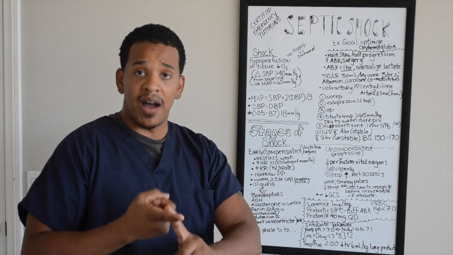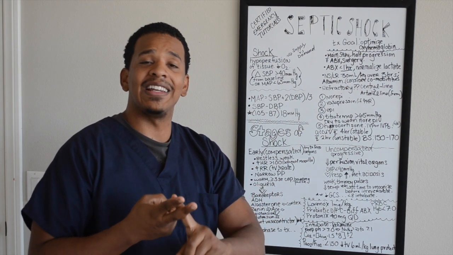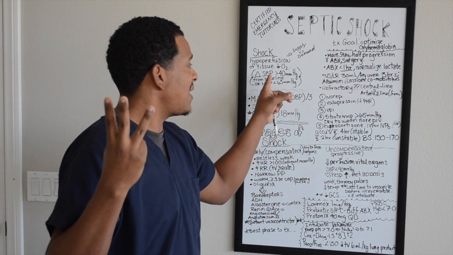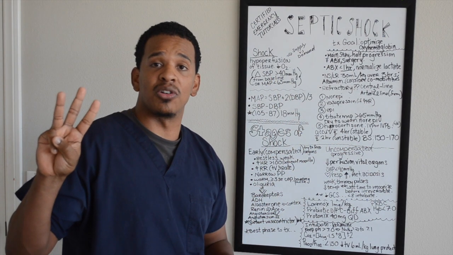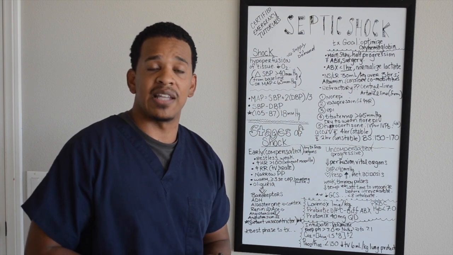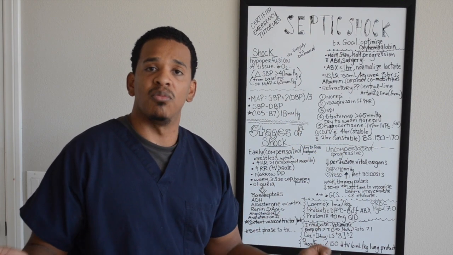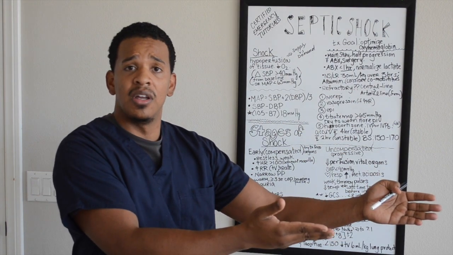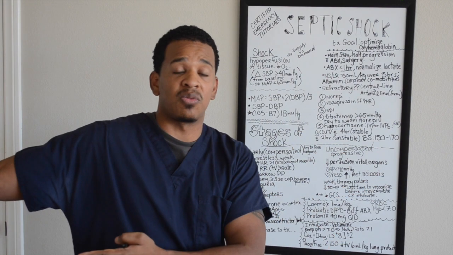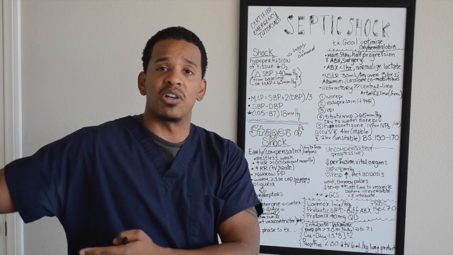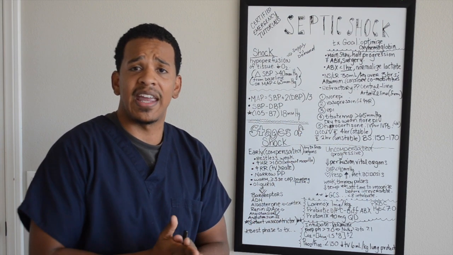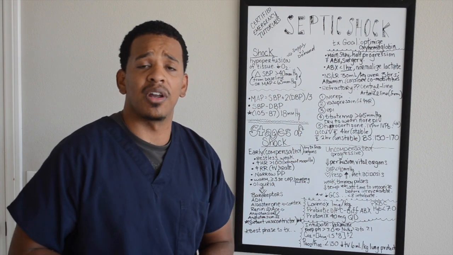We have volume, we have contractility, and we have the squeeze. So if we're missing the squeeze, if we're missing the volume, which you can do in septic shock, your MAP will drop down. So what do we try to do? We try to give volume by giving crystalloids. That doesn't work. We try to fix the squeeze problem by giving a vasopressor like norepinephrine or vasopressin. And hopefully that works to maintain perfusion over to these vital organs.